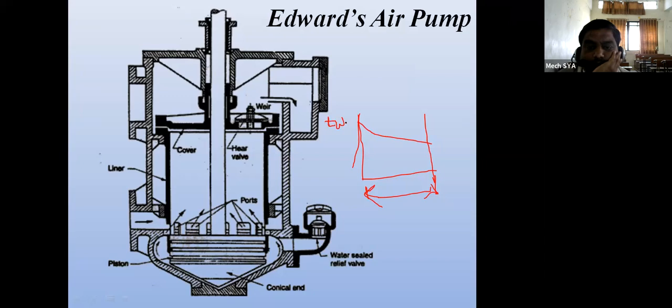The cooling water temperature is lower at the start, and then it keeps increasing. TW1 is increasing, cooling water temperature, sorry, it will get increased. This is TW2, the cooling water will get heated, and the steam temperature here will remain constant because of phase change.